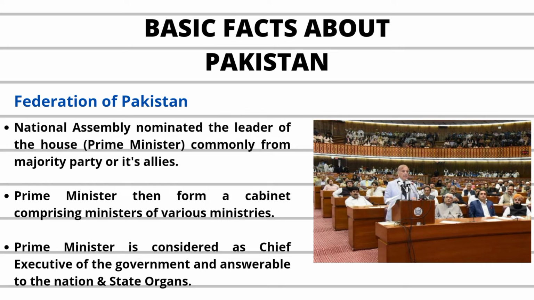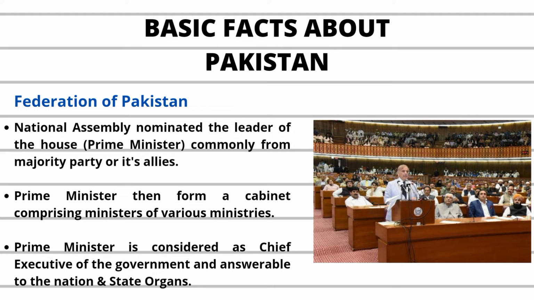The Prime Minister of Pakistan then forms a cabinet comprising ministers of various ministries. A minister may be from the MNAs of his party present in the National Assembly, or he may appoint an advisor from outside the assembly to his cabinet.